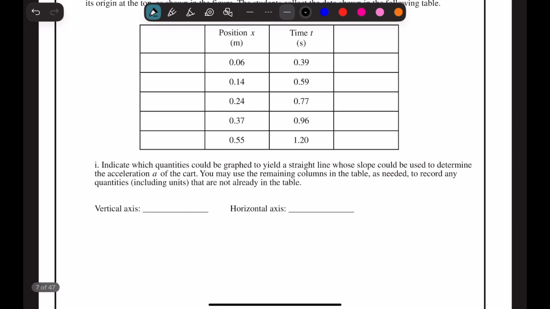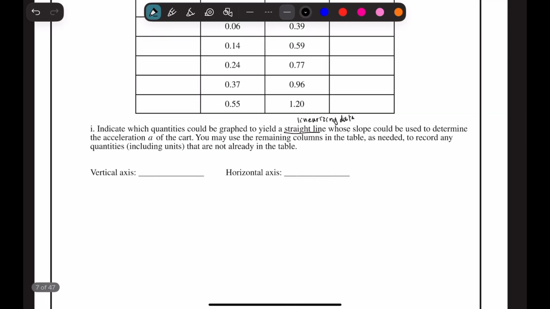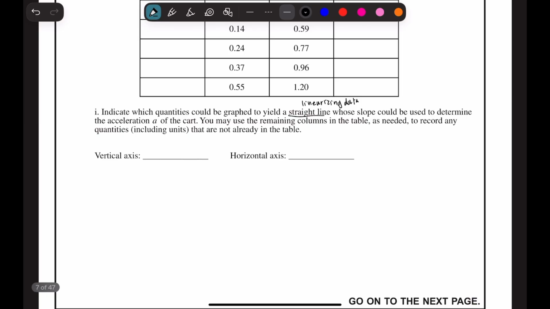We want a straight line, so that means we're linearizing the data. We want to choose quantities that produce a straight line, and we want the slope to equal the acceleration. And remember, acceleration is delta v over delta t.